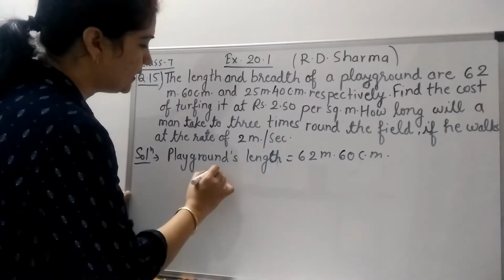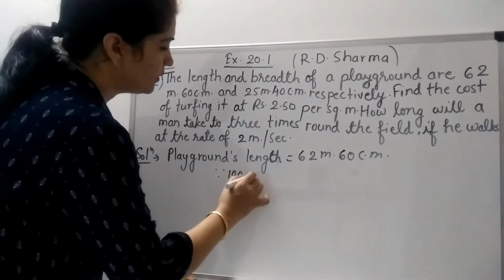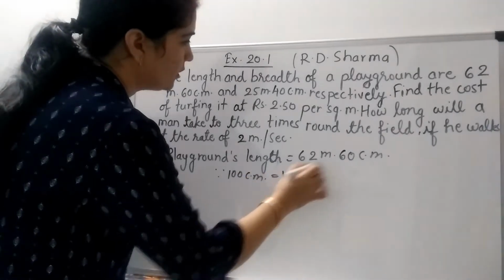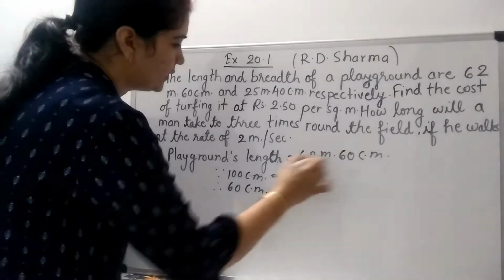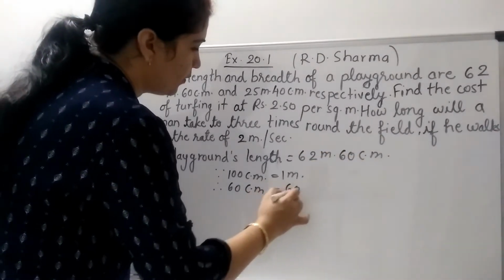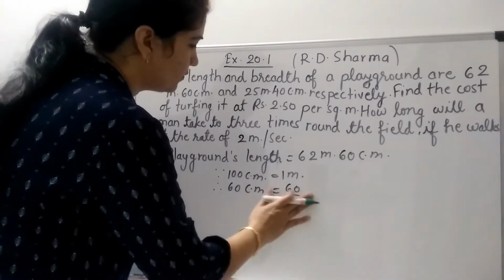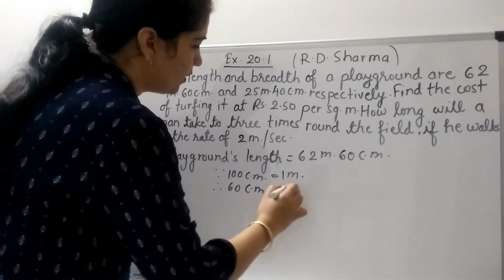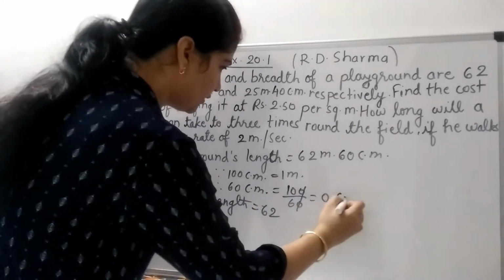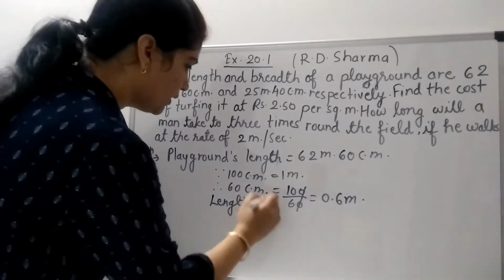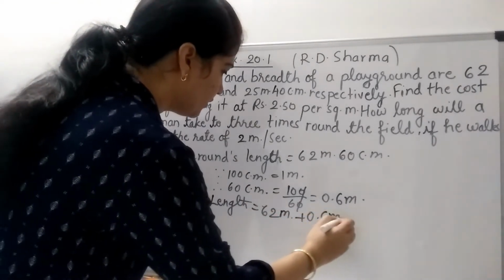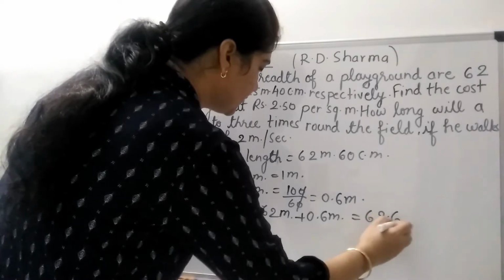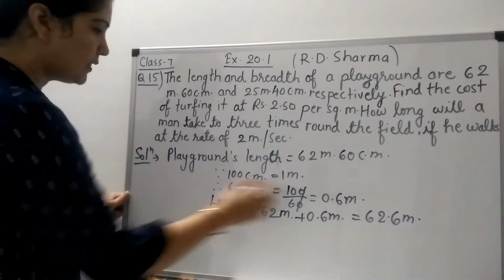Since 100 centimeter is equal to 1 meter, therefore 60 centimeter will be 60 upon 100, which is 0.6 meter. So 62 meter plus 0.6 meter means 62.6 meter. Okay, now this is length.